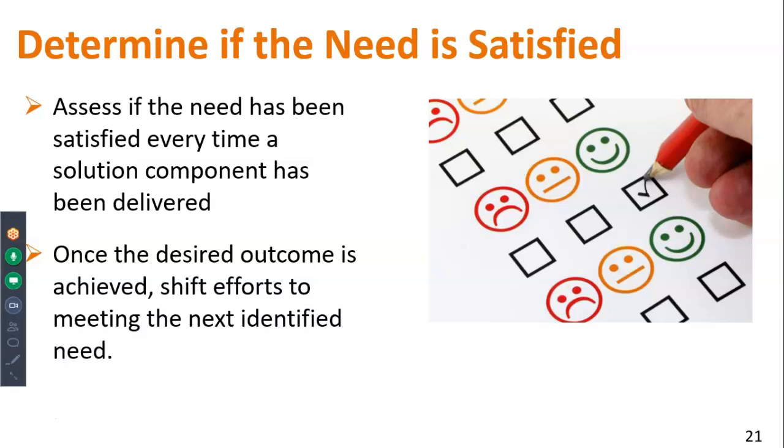If you're talking about user stories and acceptance criteria, you may have multiple acceptance criteria for a particular user story. We should be able to say, have we met this particular criterion? And we should be constantly assessing that to say, okay, how much more do we have to do in order to determine that we're completed, whether that's a user story, an epic, or a project.